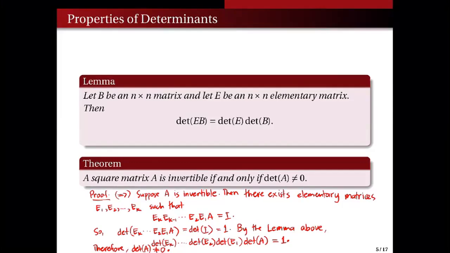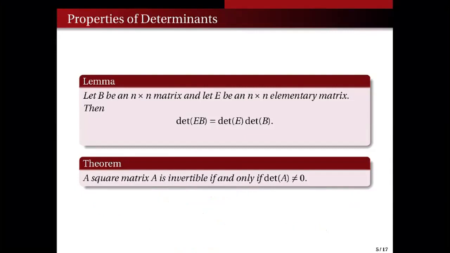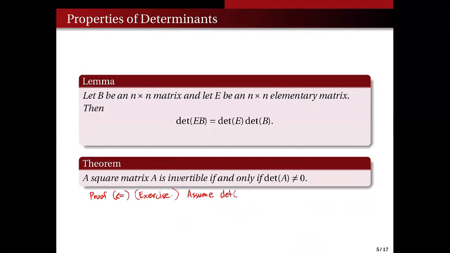Now, I want you to show the other direction as an exercise. You assume determinant of A not equal to 0. So let me add that. Proof of the other direction, this will be an exercise. So in here, assume determinant of A not equal to 0.